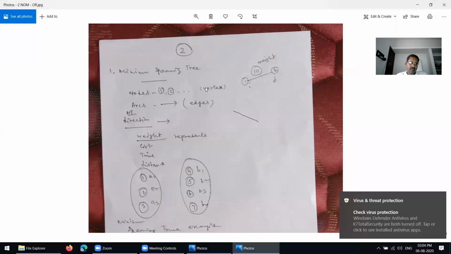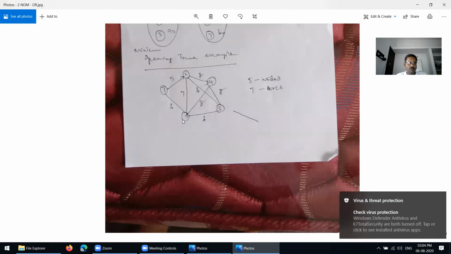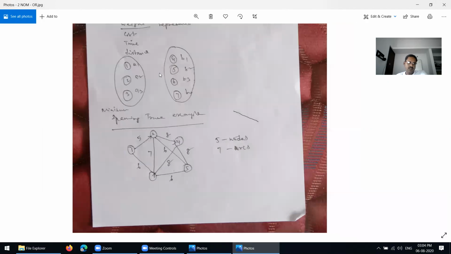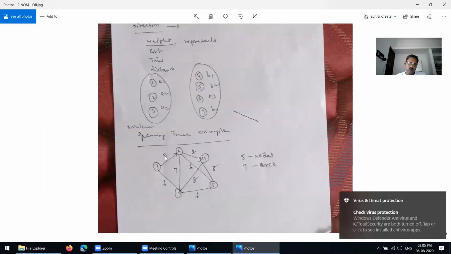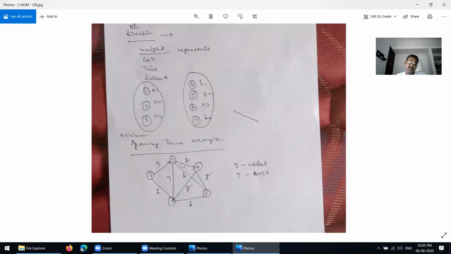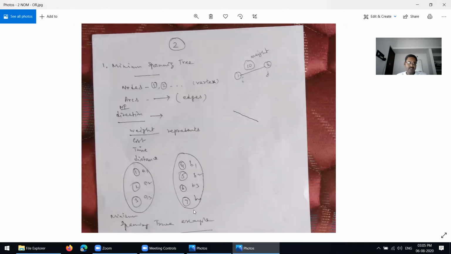In the network, how many nodes do we have? 1 up to 5. How many arcs do we have? See, 1, 2, 3, 4, 5, 6, 7. So we have 7 arcs. So 5 nodes and 7 arcs. Understand?